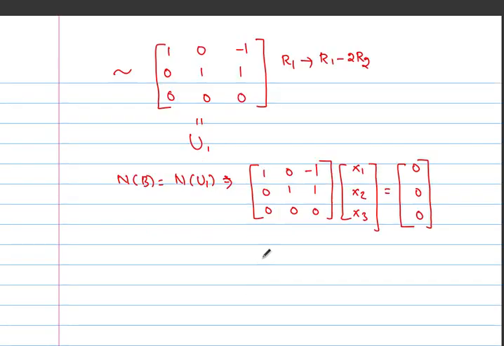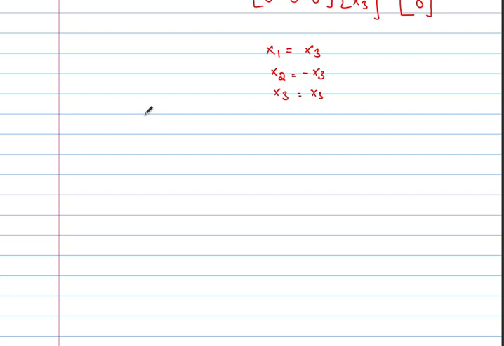Now what will become? x1 equals x3, x2 equals minus x3, x3 is x3. So you write it in vector form: x1, x2, x3. x3 is any real number, I take it as 1, then you will get 1, minus 1, 1.